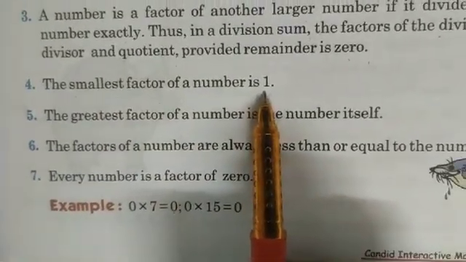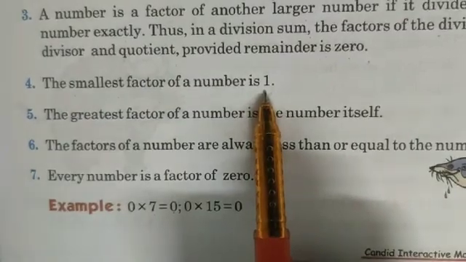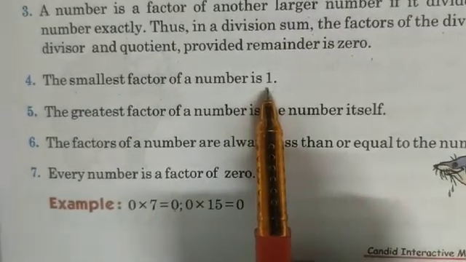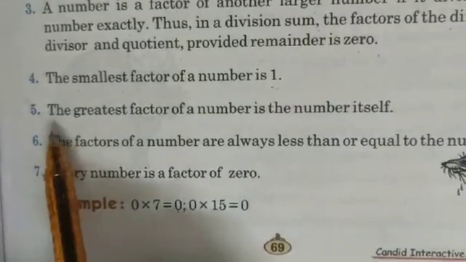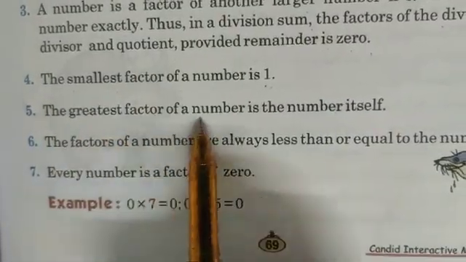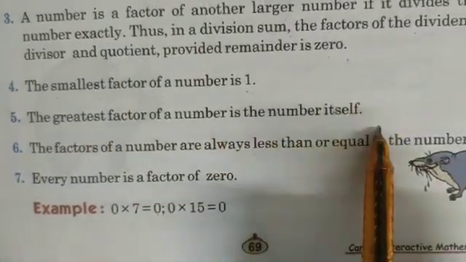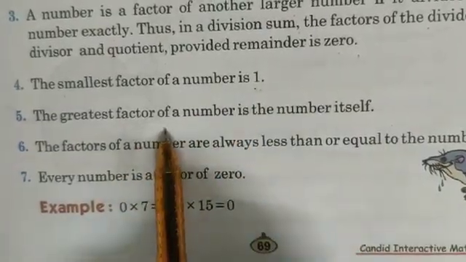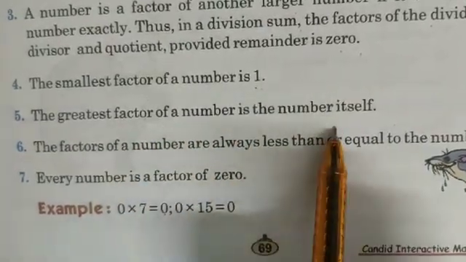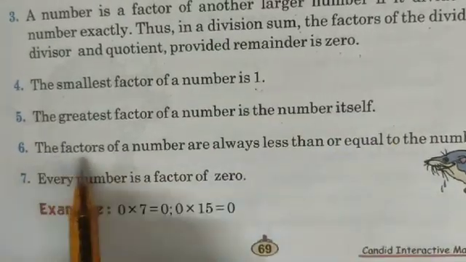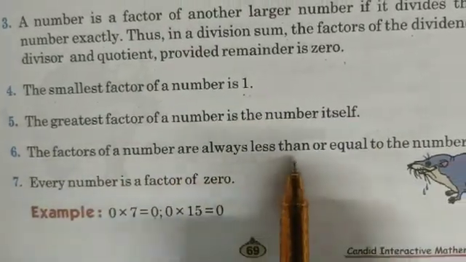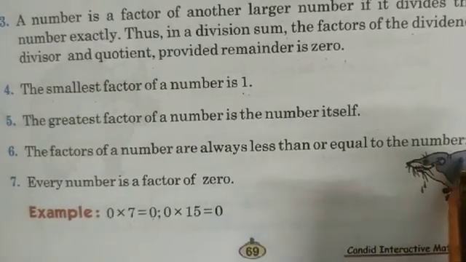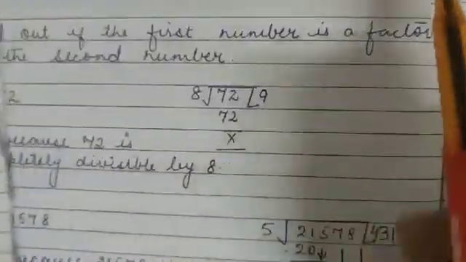So the next property is, the smallest factor of a number is 1. When you find the factors of a number, the smallest factor will be 1. We will solve it and then I will explain there also. Okay. The greatest factor of a number is the number itself, and the smallest factor will be 1. The factors of a number are always less than or equal to the number. Means suppose see the factors.